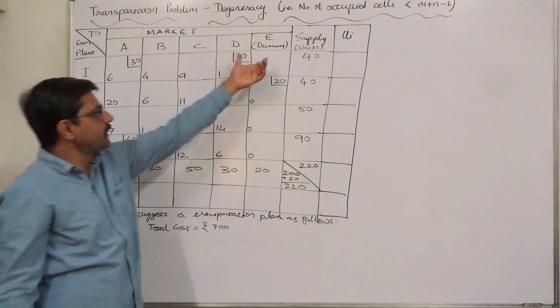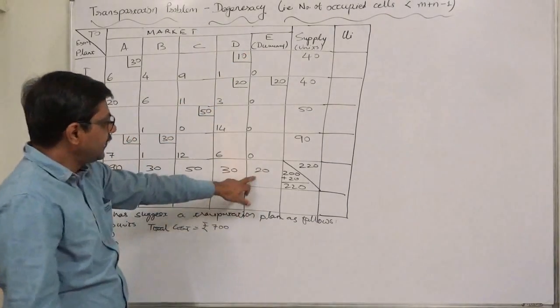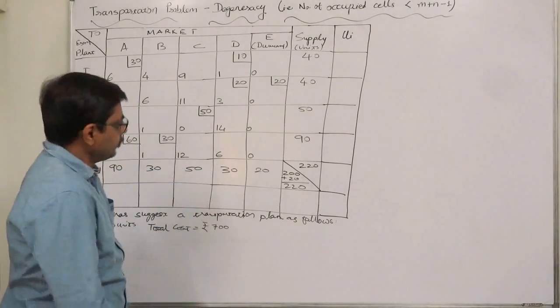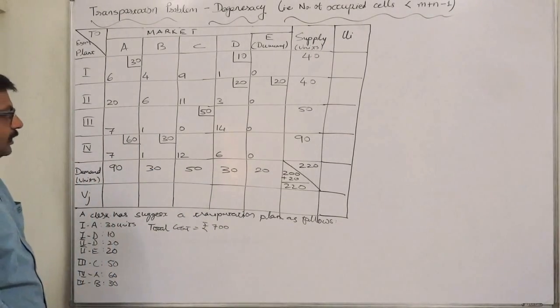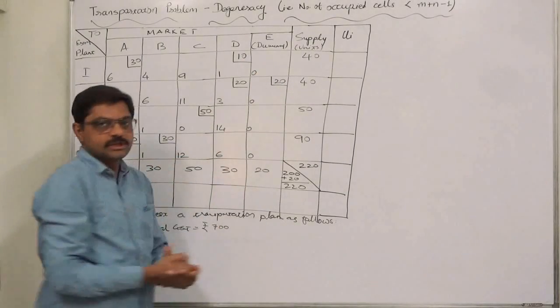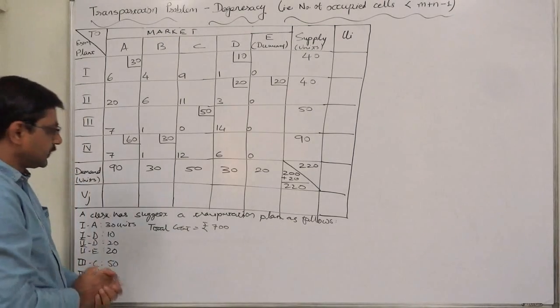So we have to create a dummy column of 5th market E, where we should allocate 20 units. And in this way, the unbalanced transportation problem becomes a balanced transportation problem.